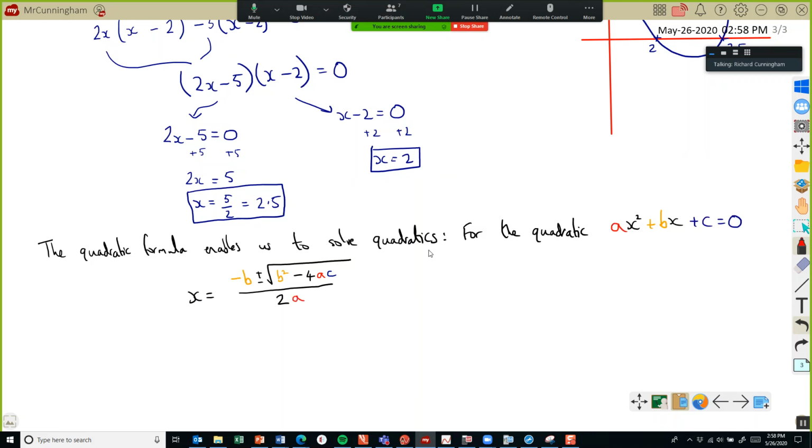I wanted to keep all the letters the same color so you could see. So this is the quadratic formula. It doesn't look particularly nice, but I'll show you how we use it.